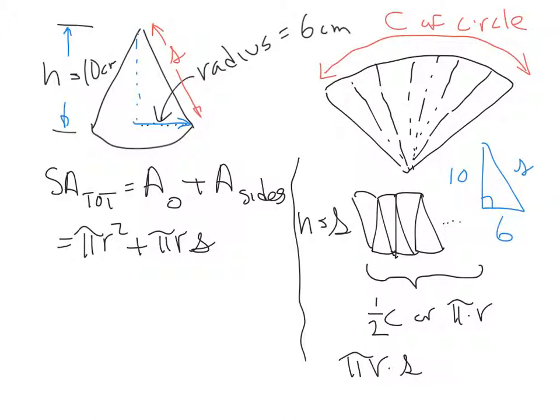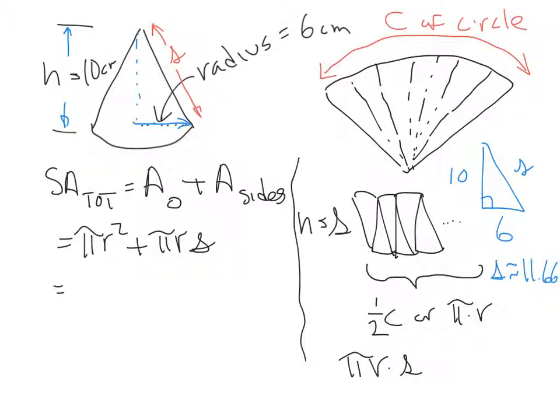And so that's going to be the square root of 10 squared plus 6 squared, or the square root of 136, which is approximately 11.66. So s in this case is approximately 11.66. You can check that for yourself by doing the Pythagorean theorem.